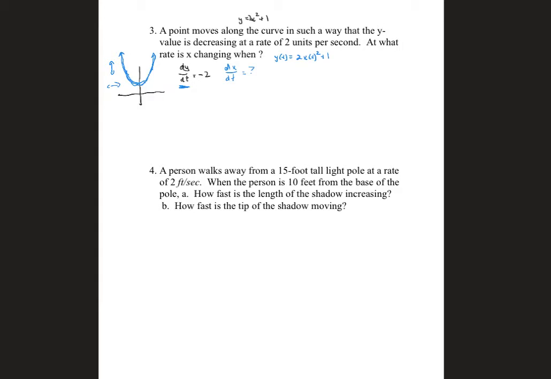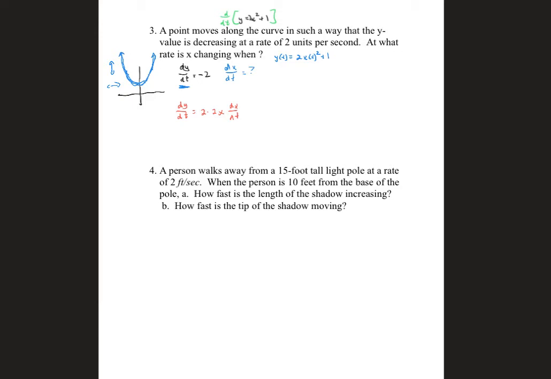So we take y equals 2x squared plus 1, knowing that y and x are both functions of time, and differentiate with respect to t. That gets us dy/dt equals 2 times, by the chain rule on x squared, 2x to the first times dx/dt, and the derivative of the plus 1 is 0.